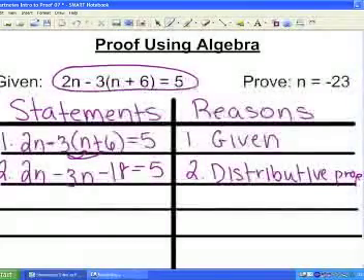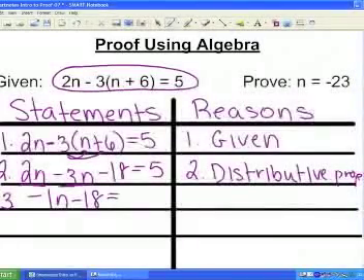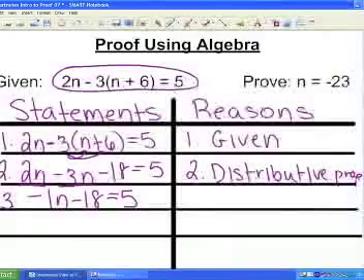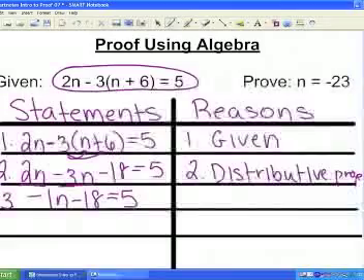Now, before we go on any further, we notice that we have some like terms, 2n and 3n. So we're going to combine like terms. 2n minus 3n is -1n. When we combine like terms, we're taking one representation, 2n minus 3n, and replacing it with an equivalent form, -1n.